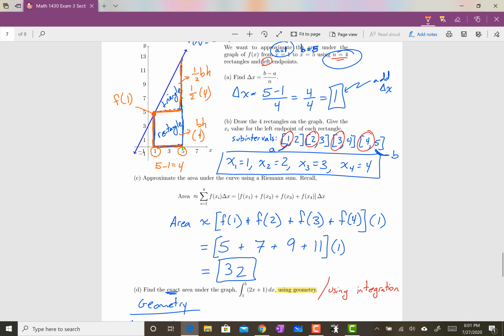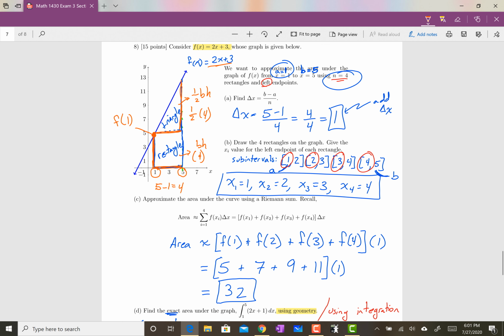And if I want to find the y value of that point, I need to evaluate my function when x is 1. Well, 2 times 1 plus 3 is 5. So that means my height is 5.